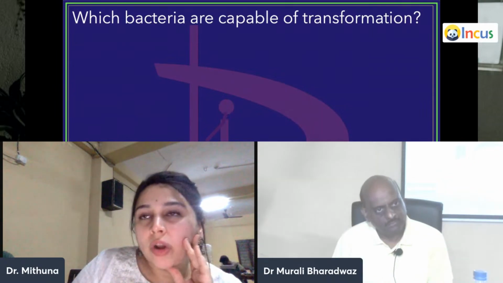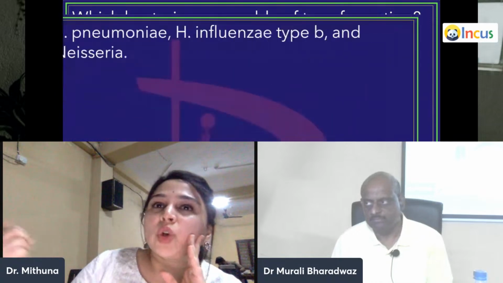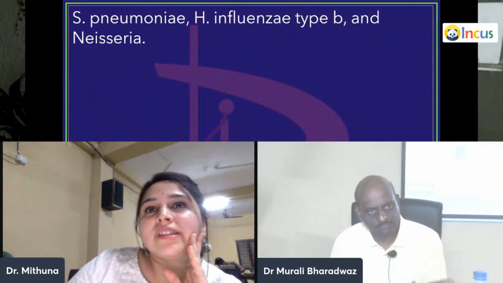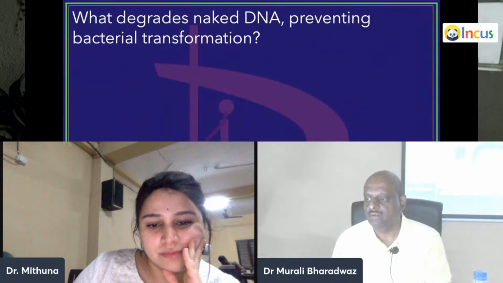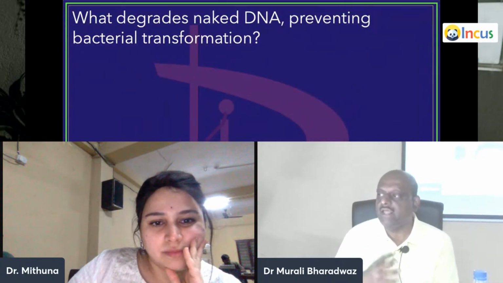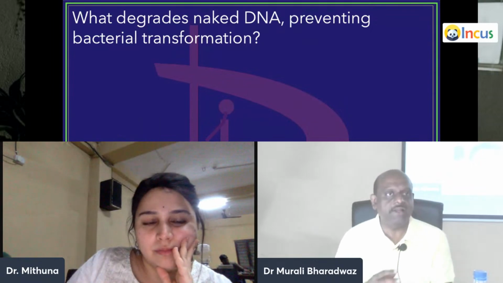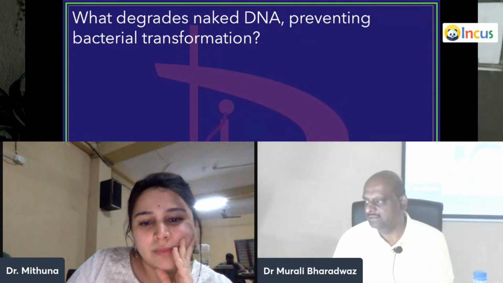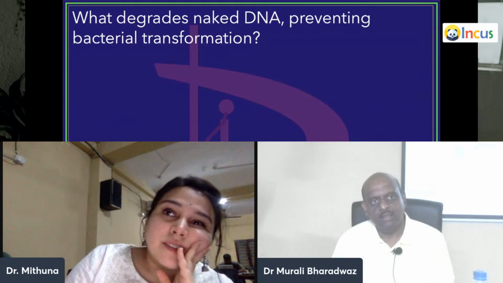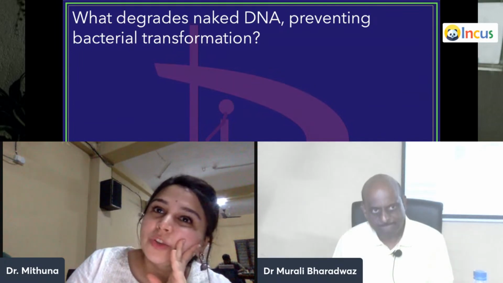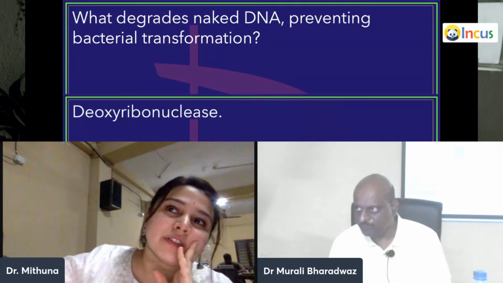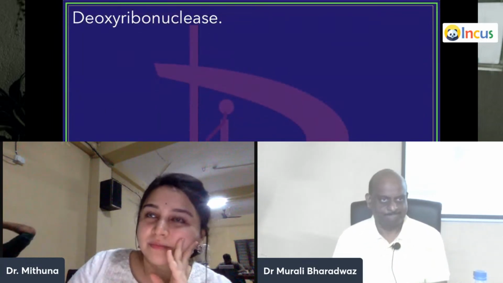The bacteria notorious for transformation are Streptococcus pneumoniae, H. influenzae type B, and Neisseria. What degrades naked DNA, preventing bacterial transformation? It is DNase, deoxyribonuclease, which cleaves that naked DNA moving in the environment.